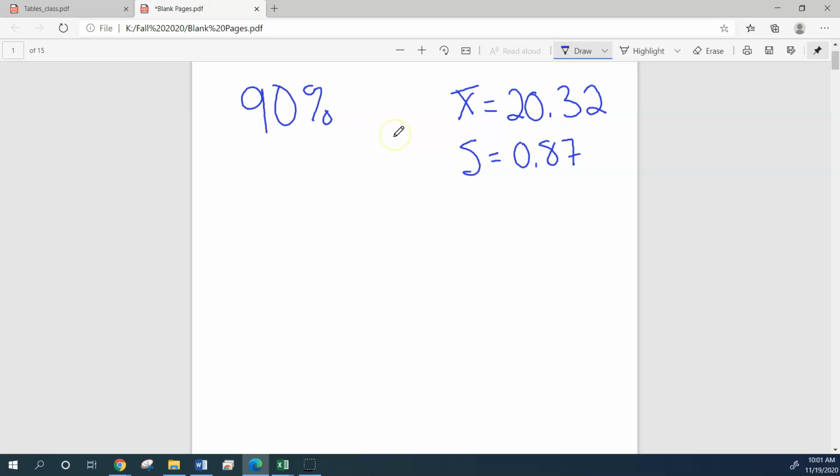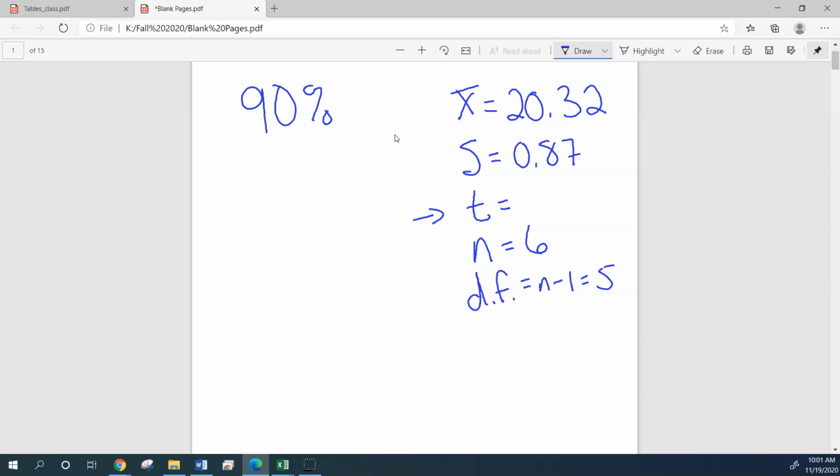Since we're working with a sample, we are going to need a t-value. And we had a sample size of 6. When we work with a t-value, we also need our degrees of freedom. Our degrees of freedom is the same thing as n minus 1, which is equal to 5.